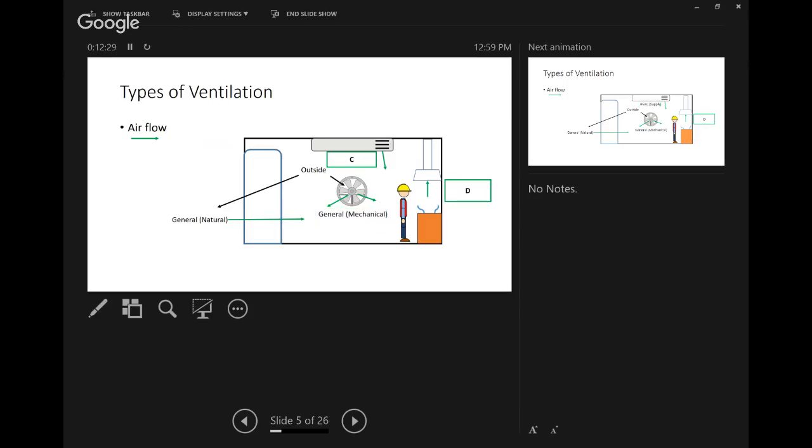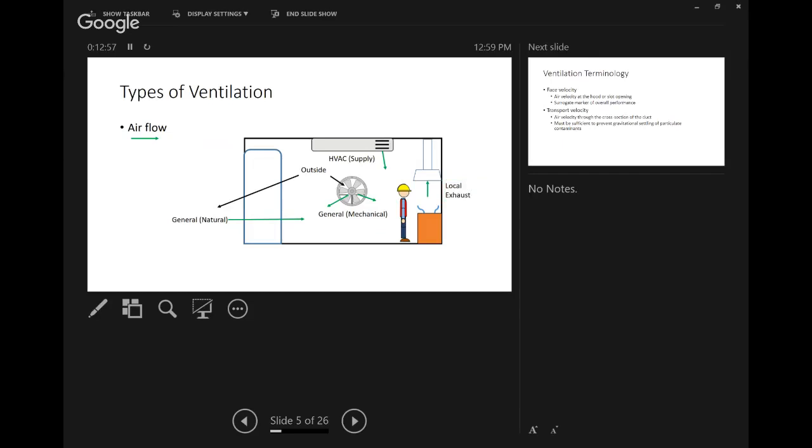Whereas here, it's just the natural air movement. Okay, the fan. Yeah. So there is general ventilation that would be natural, like on the last slide. It's just the natural air movement from the wind or whatever. We could also have dilution ventilation from something like a fan or an HVAC system.